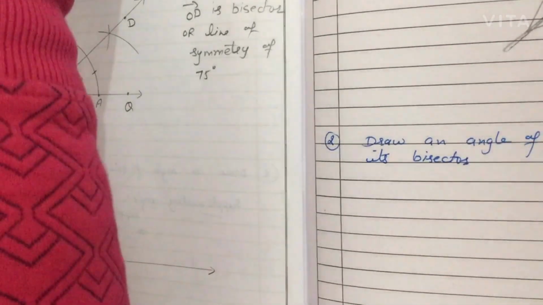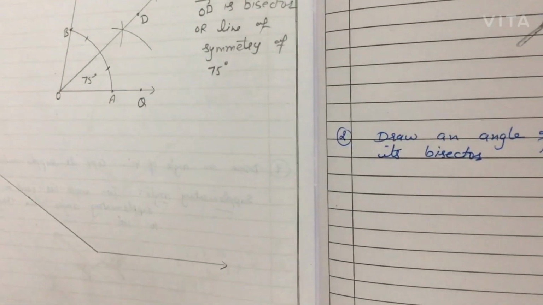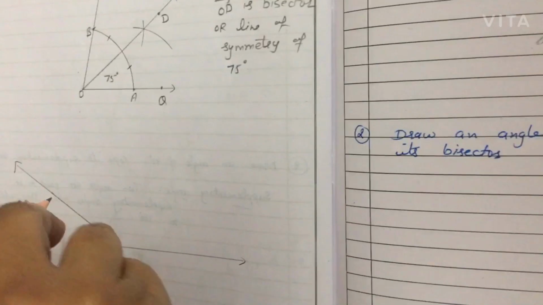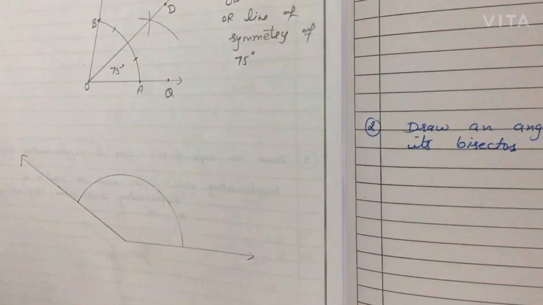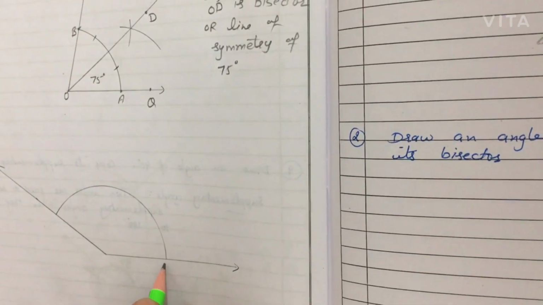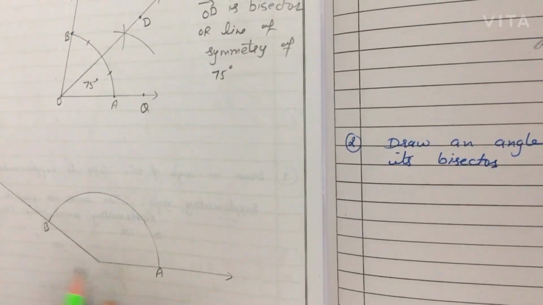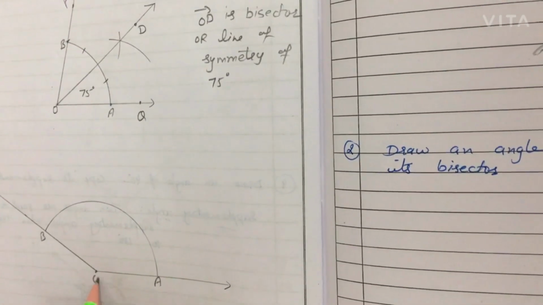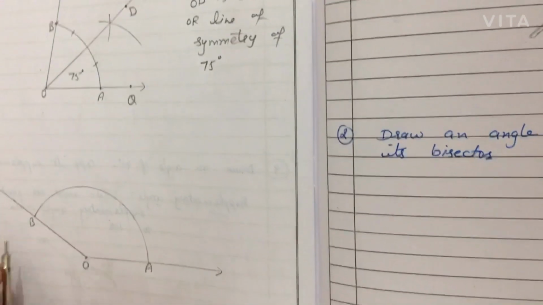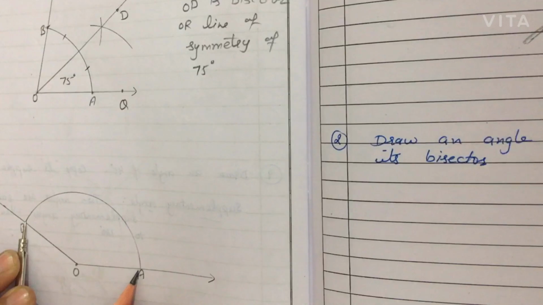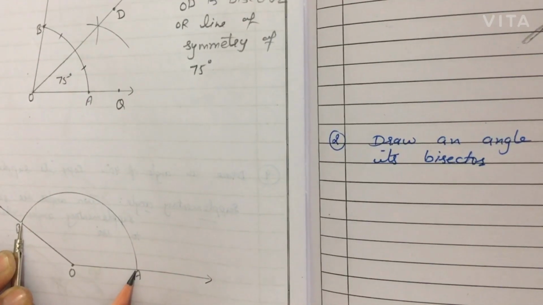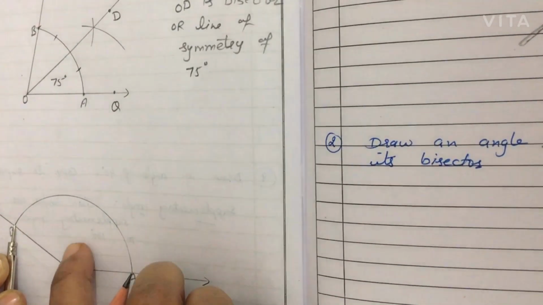Now, open the compass as much as you want and give the arc. Suppose this arc meets the rays at the points A and B, and let the vertex be O. Now this length is AB. We will open more than half of the length AB. Half will be near about here.